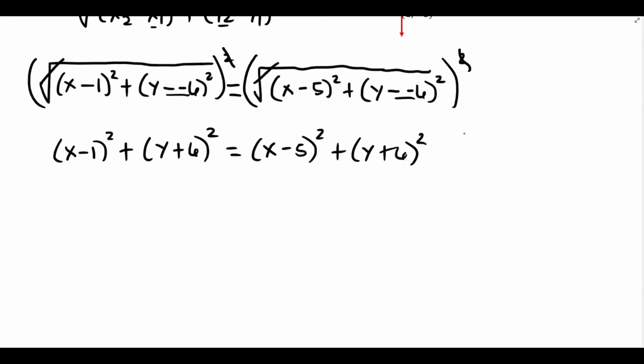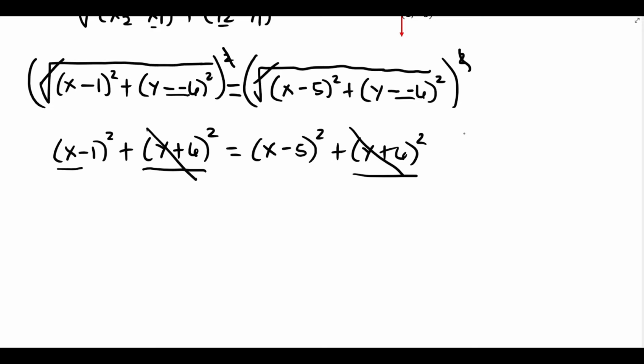Then observe that on this side we have (y plus 6) squared, and on the other side also (y plus 6) squared. So this is equal to 0.